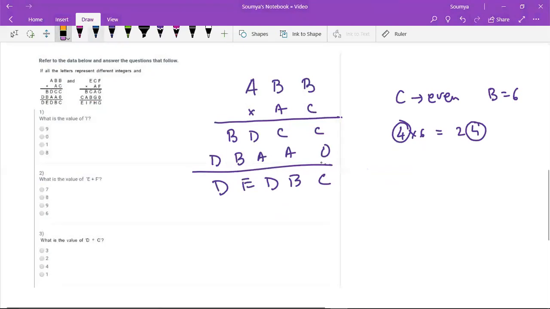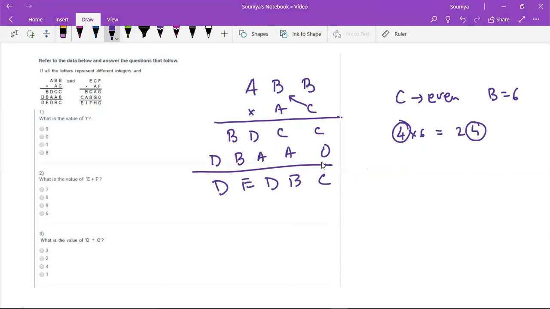Now the problem with B being 6 is that if you look at the next multiplication, the next row or the next column, that is. Now C into B, if B is 6 and C is even, in that case there will be some carryover.